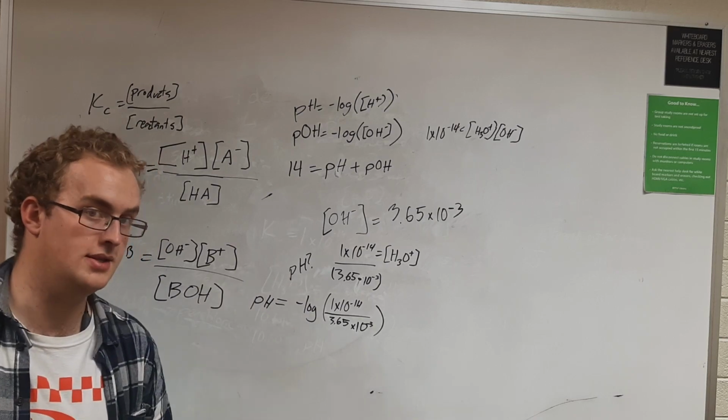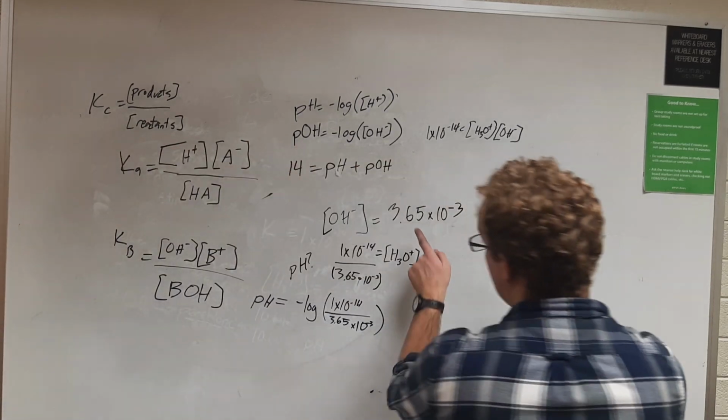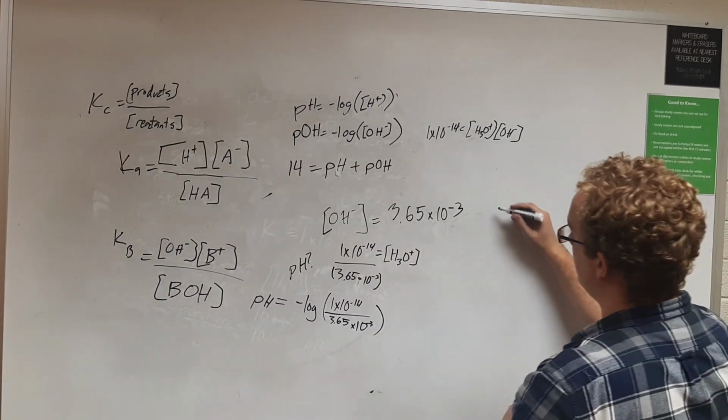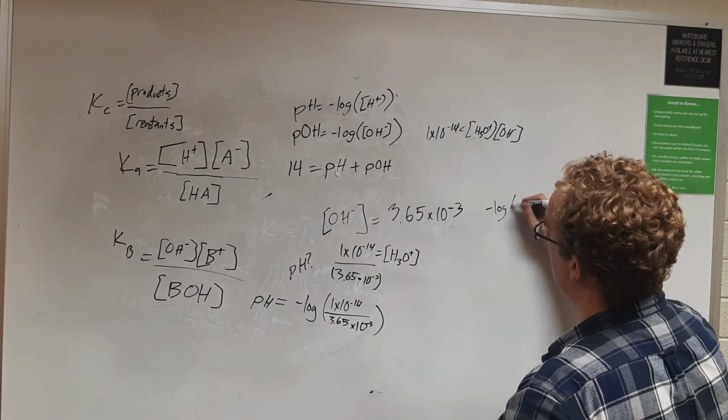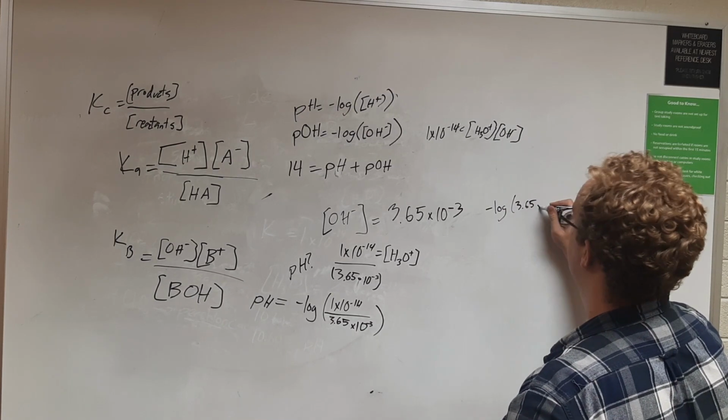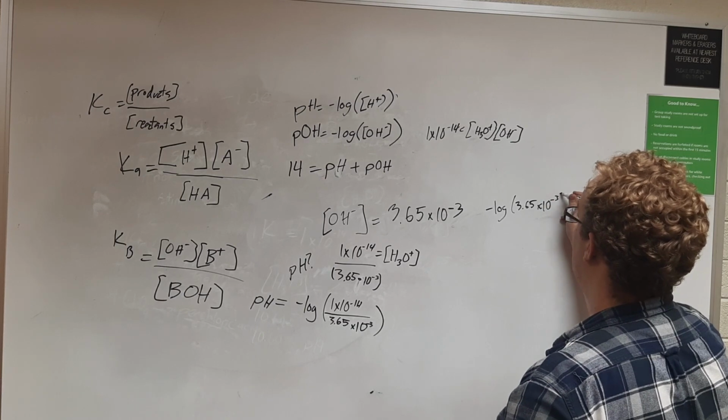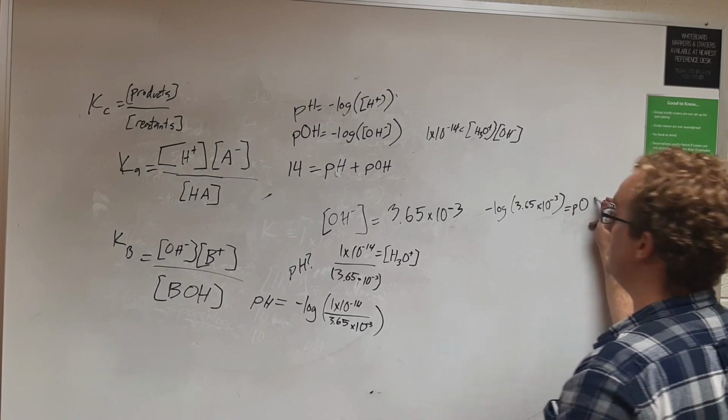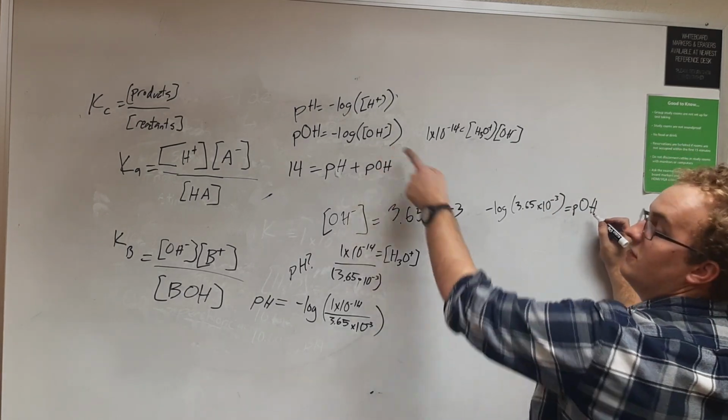There's also another way to do this. I could take this number and find the pOH of it, right, the negative log of 3.65 times 10 to the negative third. That will equal my pOH, because that's the definition of the pOH.